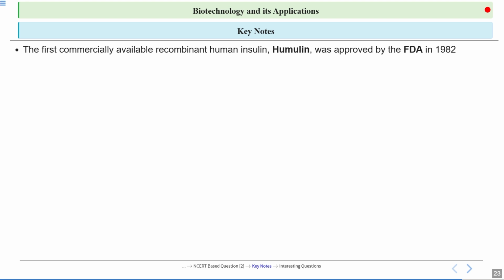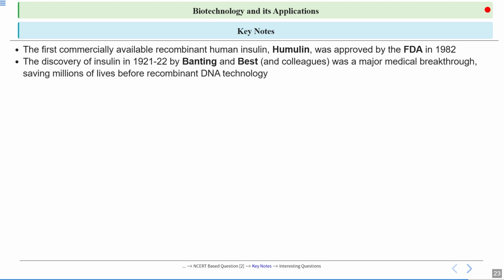FDA is the Food and Drug Administration, the organization that gives approval to drugs and food that can be used by people and marketed. So the first commercially available recombinant human insulin, which Eli Lilly produced, called Humulin, was approved by the FDA in 1982.